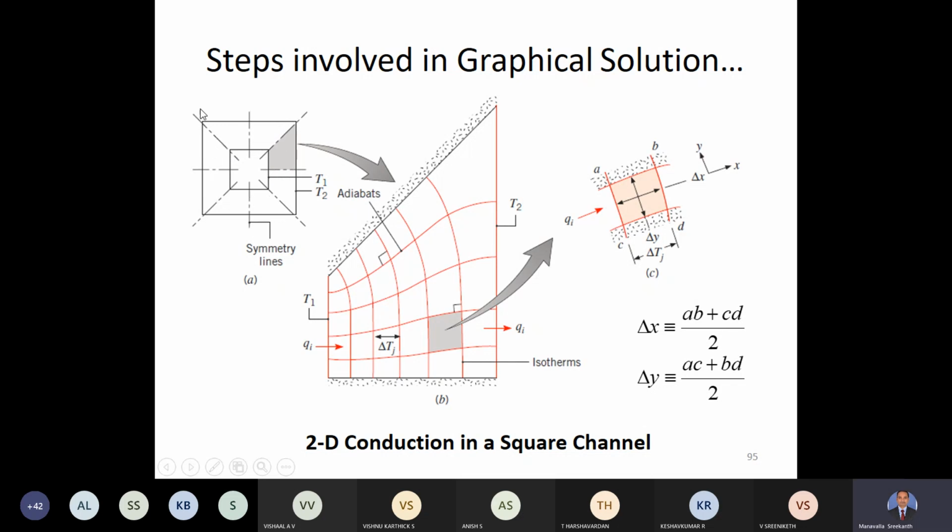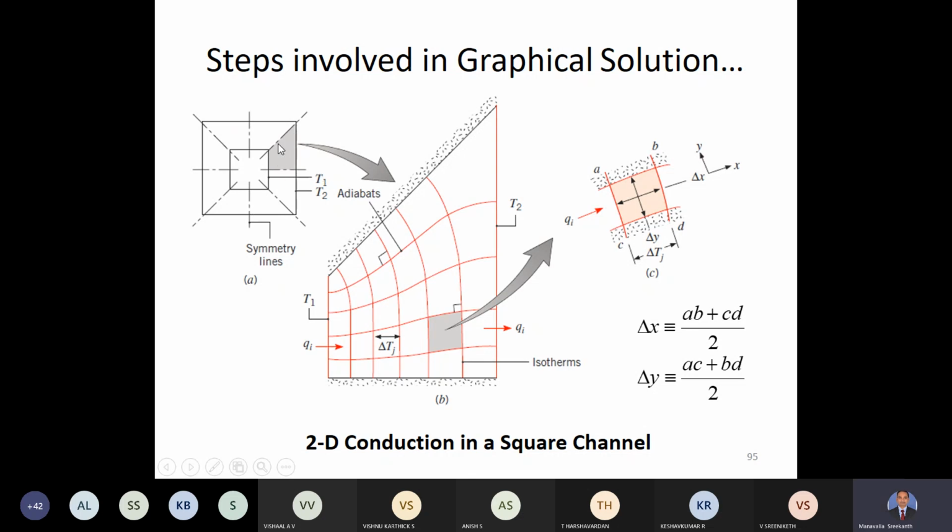You can see these are the lines of symmetry. There is symmetry along the two diagonals, and along this line and this line. Identifying all the lines of symmetry, you will see that 8 segments are formed.